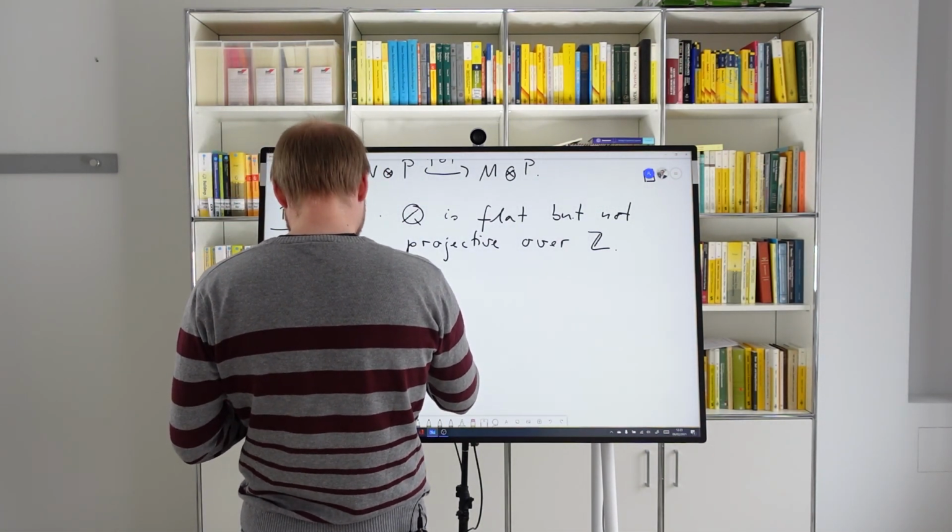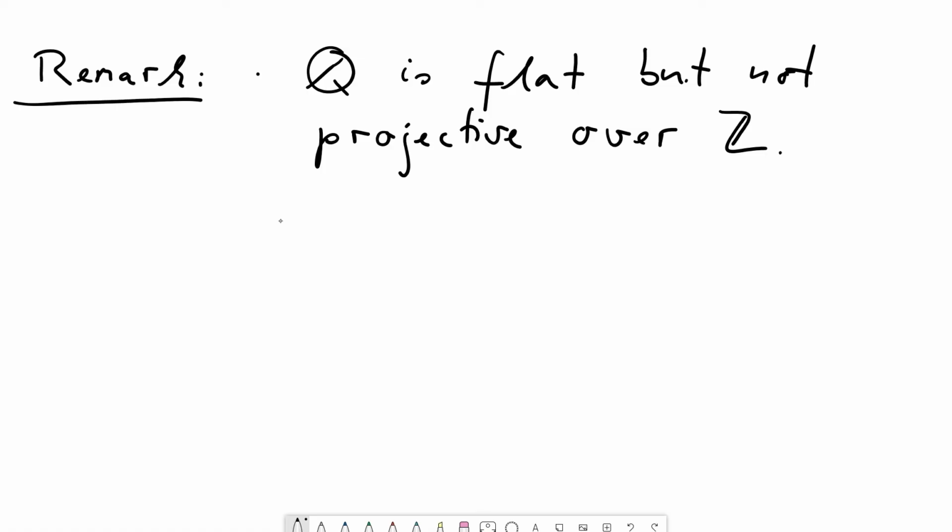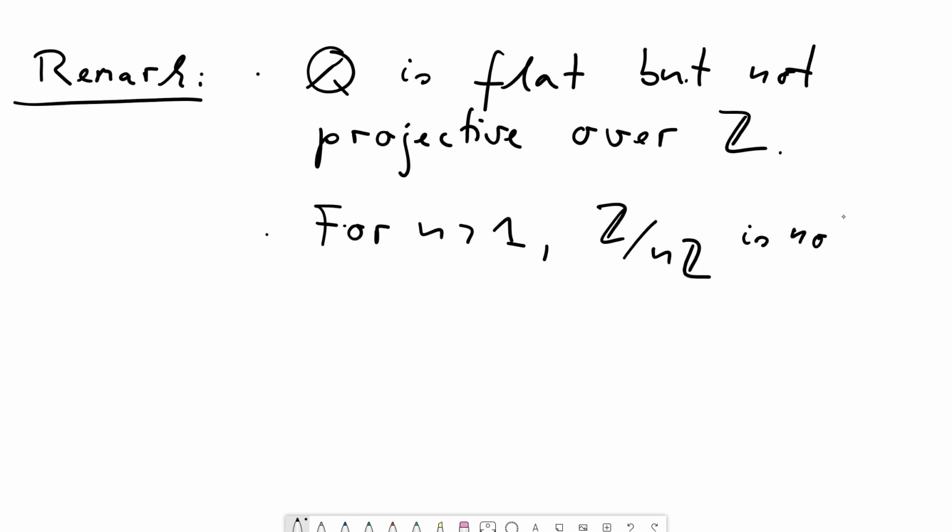And finally, as another example of a module which is not flat, which we haven't seen so far, let's do this. For each n at least 1, the Z-module Z mod nZ, this torsion module, is not flat over Z. And this is so because I can just give you an injective homomorphism to which the tensor product with Z mod nZ applied gives a non-injective homomorphism.